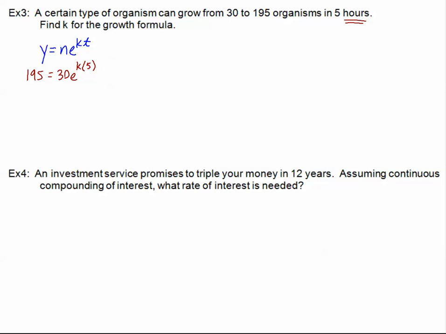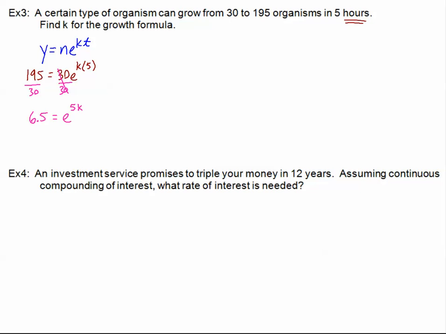So we need to solve this equation, and I'm going to start to get everything away from this k. The first thing to go is this coefficient. So let's divide by 30. And 195 divided by 30 becomes 6.5. And this is e to the, if you don't mind, I'm going to write this as 5k instead of k5, so I don't need the parentheses. And there we go.